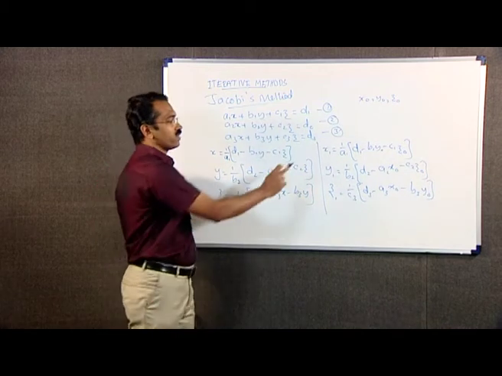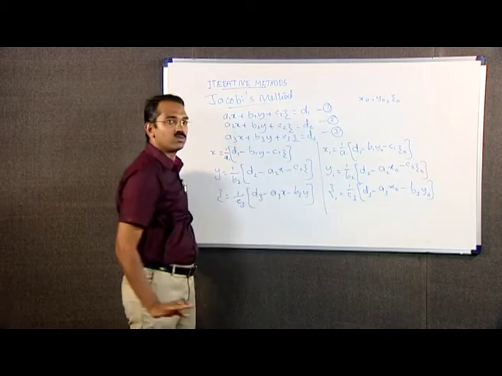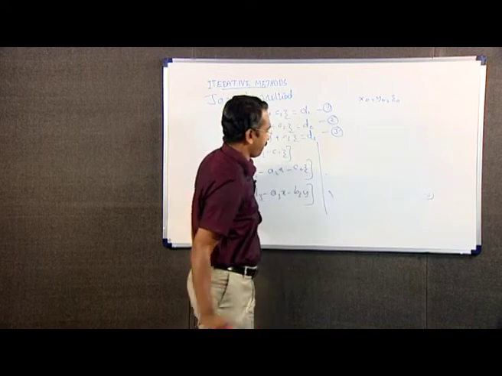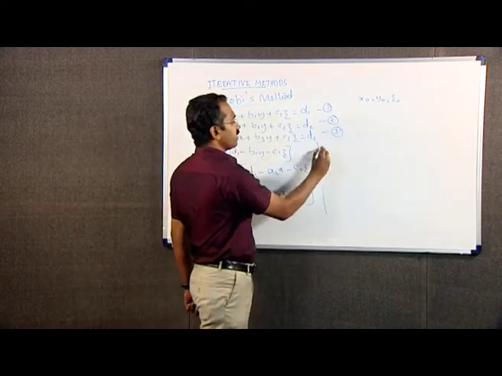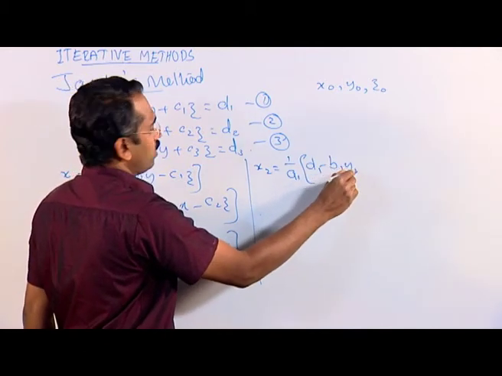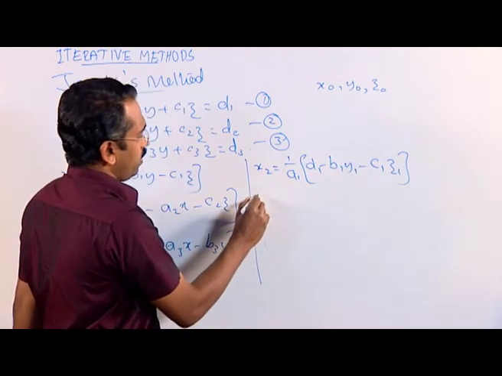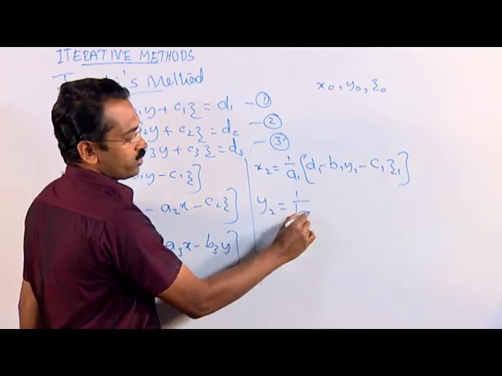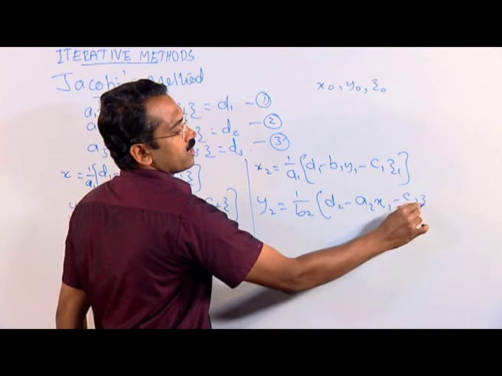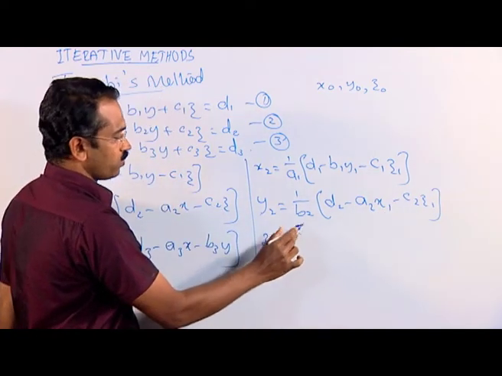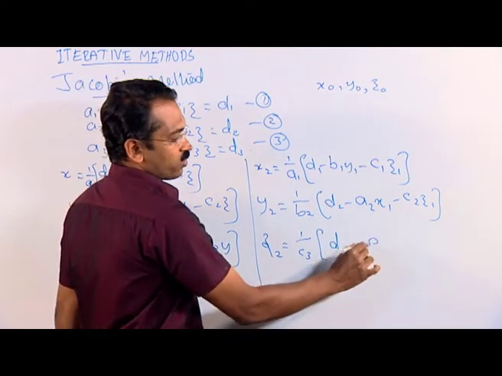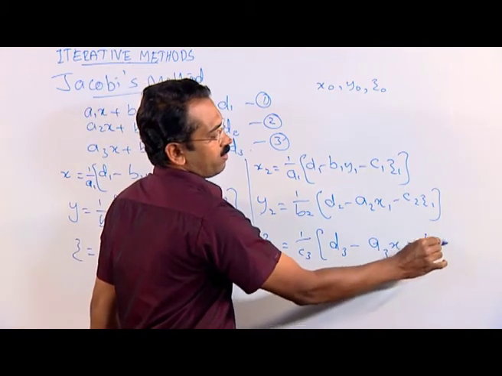That is, if we put x equal to x1, y equal to y1 and z equal to z1, in the second iteration we will get x2 is equal to 1 by a1 into d1 minus b1 y1 minus c1 z1, y2 is equal to 1 by b2 into d2 minus a2 x1 minus c2 z1, and z2 is equal to 1 by c3 into d3 minus a3 x1 minus b3 y1.